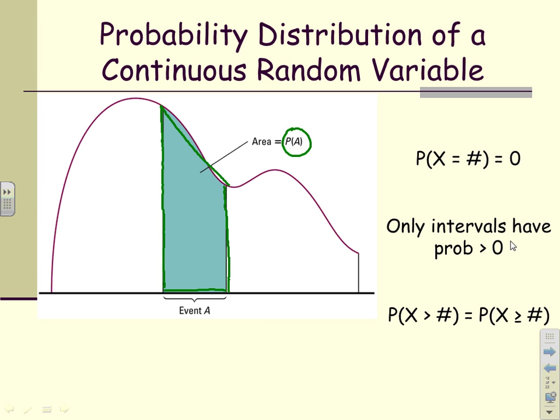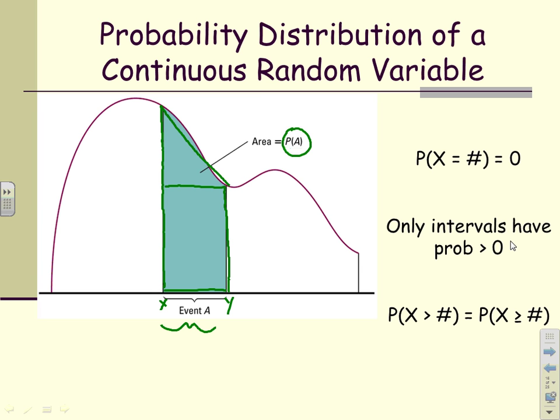We could take the width, let's just call that x and that y, and then we would take the width here, y minus x, find the area of the rectangle, and then find the area of the triangle as well, and then add them together, and that would give us the probability of this event A occurring. Of course, if we knew our calculus, we could just take the integral over that interval and that would give us the probability of that event happening as well.